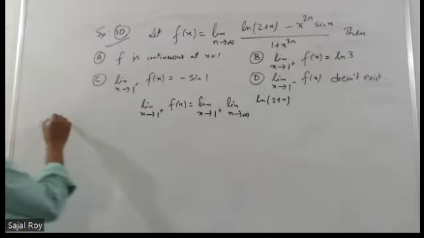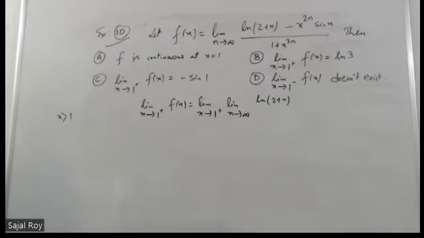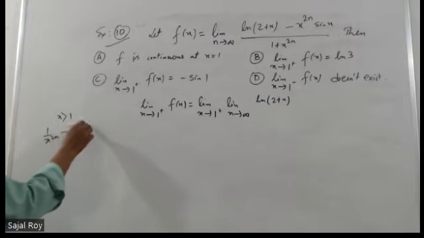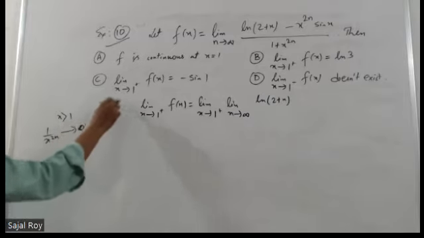Here 1 plus means x is greater than 1. If x is greater than 1, then 1 by x to the power 2n tends to 0 as n tends to infinity, right?